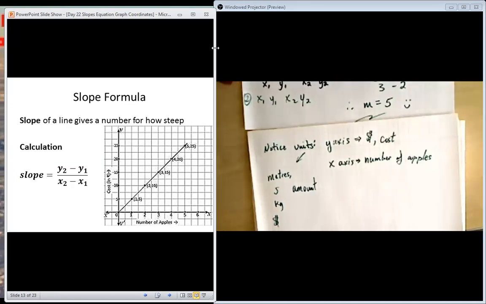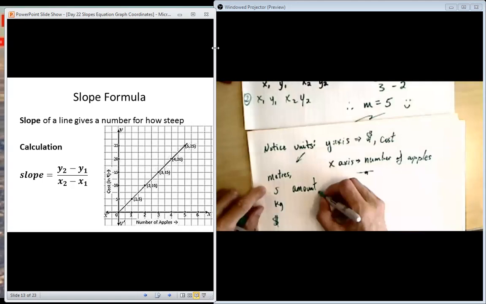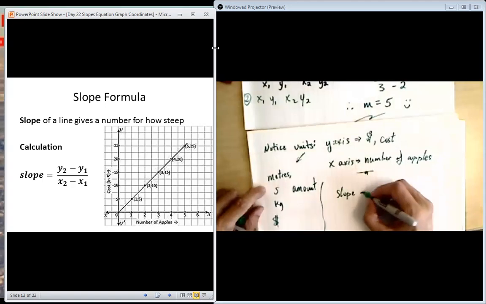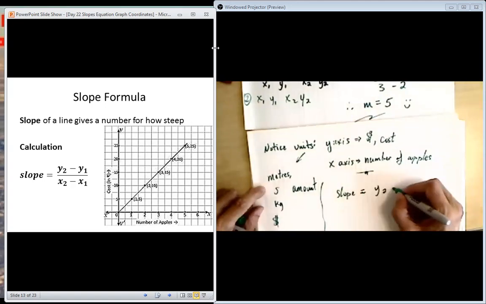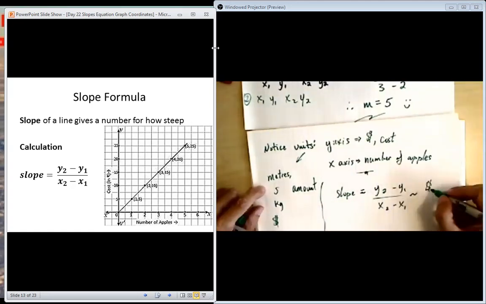And so that means, watch this. For our slope, that was Y over X, right? For the units, that's dollars, the cost, and then the bottom is the amount.